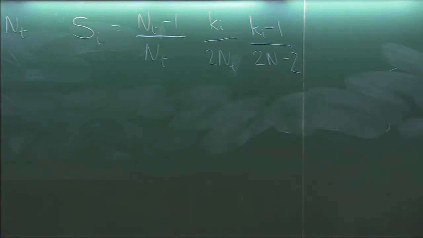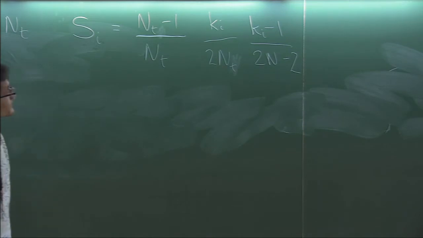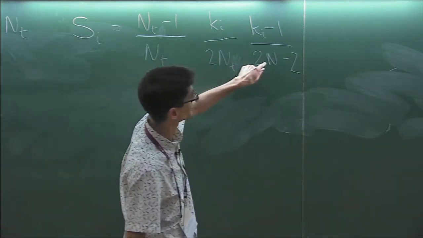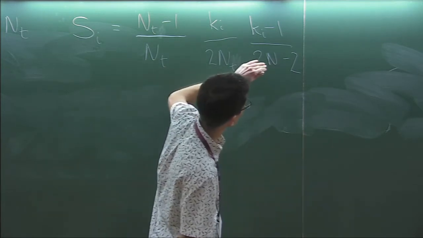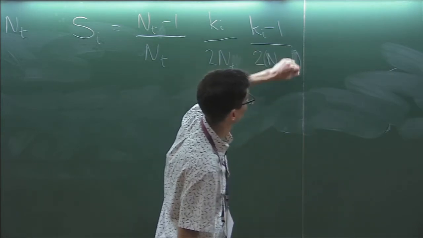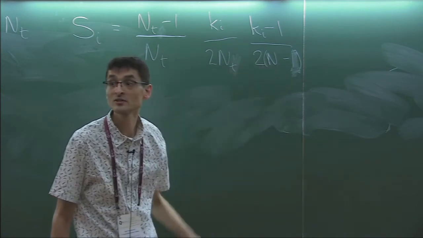There's the actual one plus the other allele that was in that same offspring. So you could rewrite this as 2 times n minus 1.